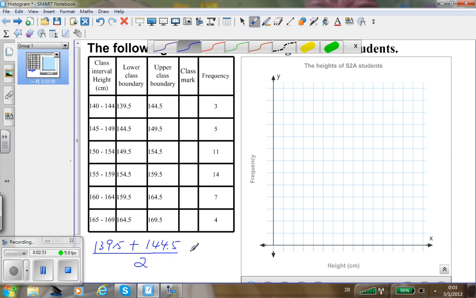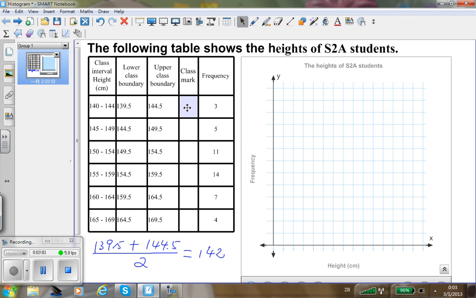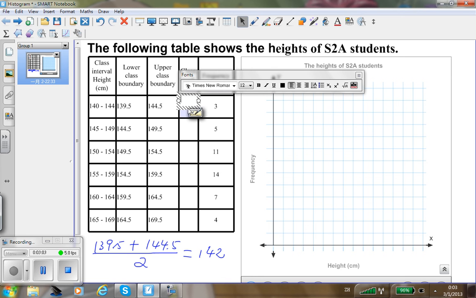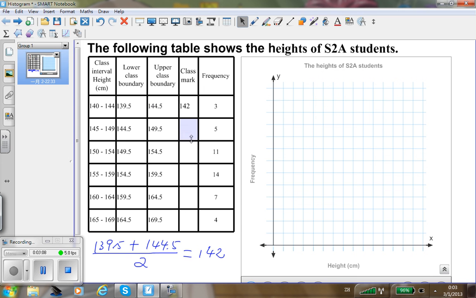In this case, it is 142. Therefore, for the first class, the class mark is 142. And we will use this class mark to represent the first class in the histogram.